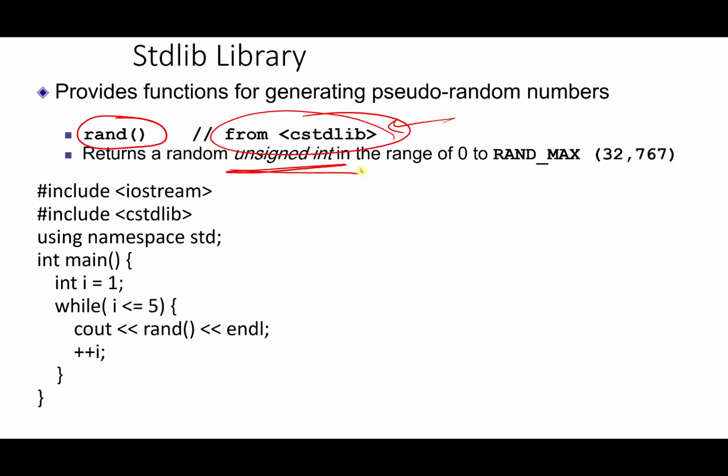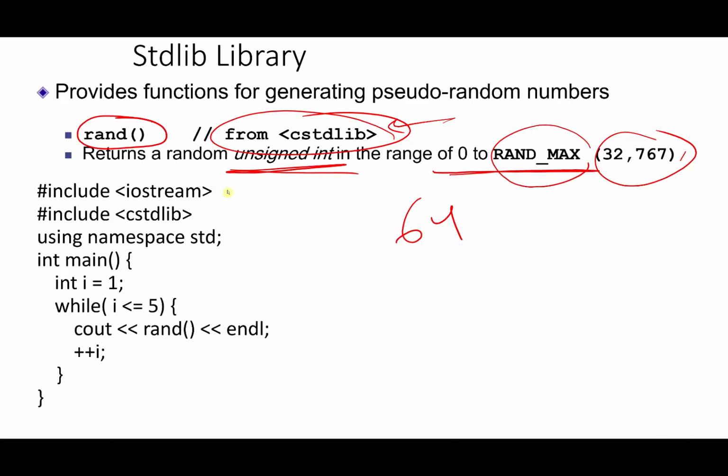The unsigned int is going to be the 64-bit int in the modern compilers, or unsigned int in the range of 0 to RAND_MAX. RAND_MAX is 32,000 in the old compilers.